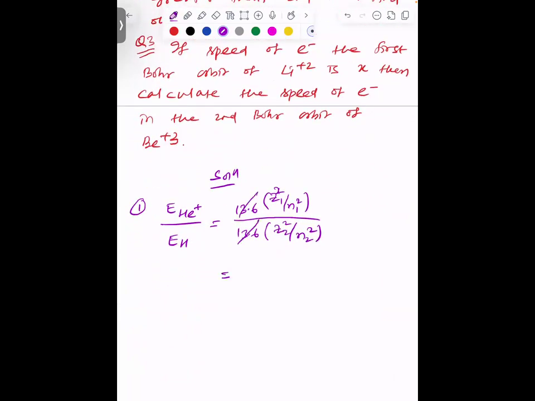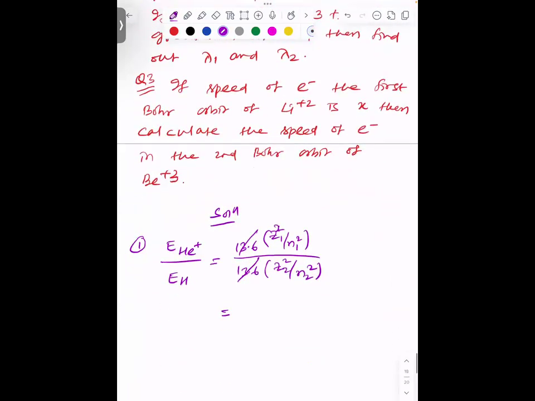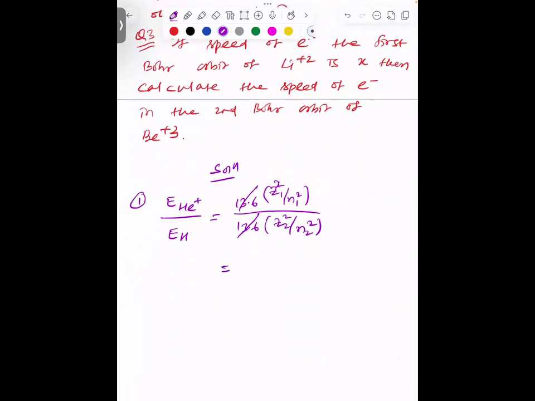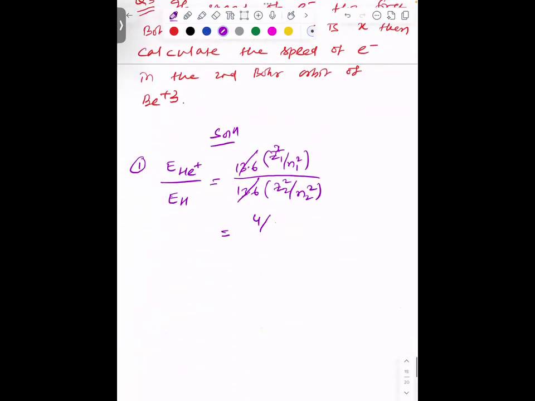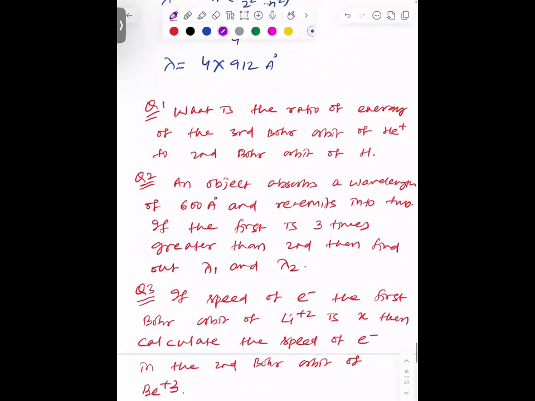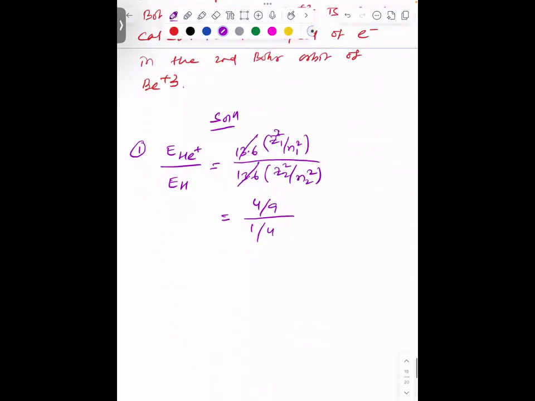The 13.6 cancels. Z for helium is 2, so 2 square, that is 4, divided by the third Bohr orbit, 9, whole divided by Z is 1 for hydrogen, second Bohr orbit, that is 2 square, which is 4. So you can write 4 by 9 into 4, that is 16 is to 9.